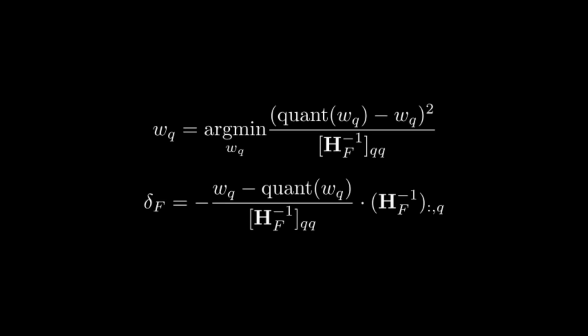Going back to these original equations, we understand what H is here. H is the Hessian and H minus 1 is the inverse Hessian, but that still doesn't give us a lot of context for understanding these equations. I think a better understanding comes if we go to the Optimal Brain Surgeon paper.